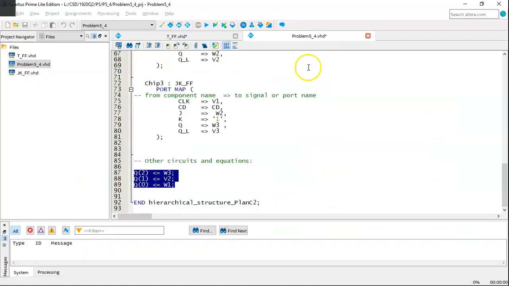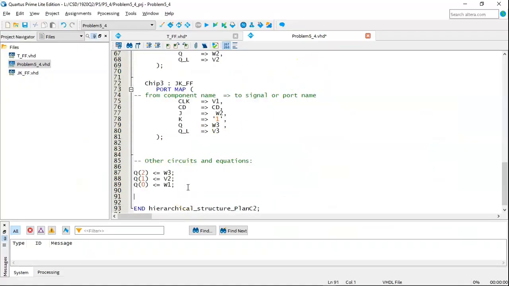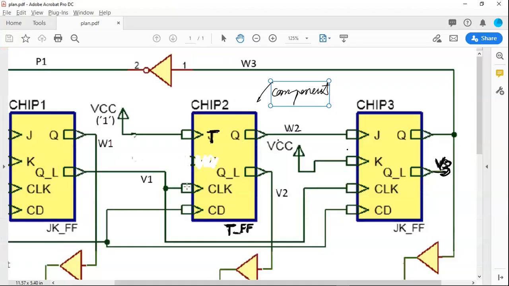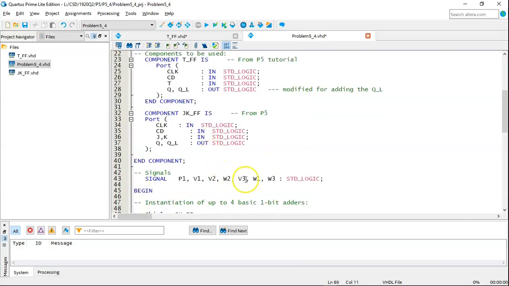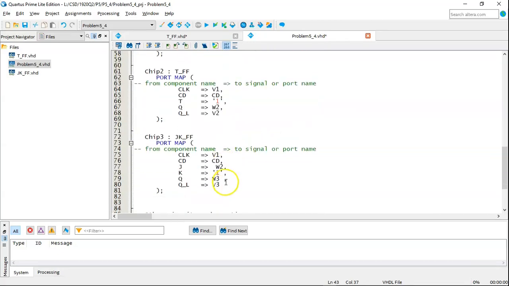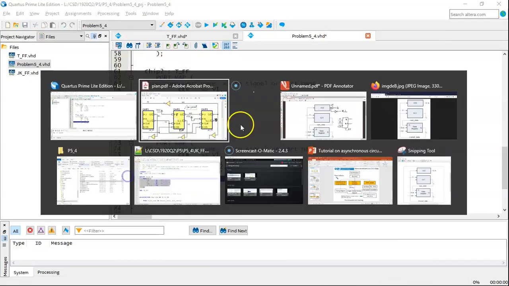P1 is not W3. So you see, in the end, you have to go and give a final inspection to the circuit so that you leave nothing here, or the minimum things possible. So P1, this wire is not W3. All right, where W3 is nothing but a signal, okay, that is connected to the output Q of the chip 3.